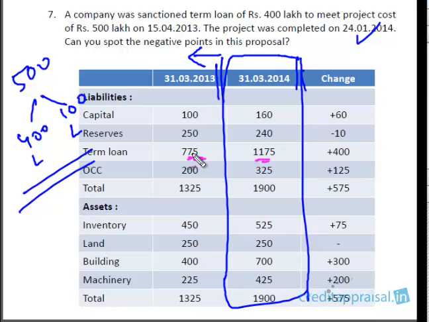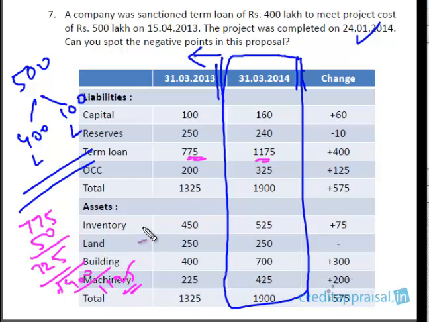So it will be reduced, say to 700 or 600. But you know the repayment structure of this company, so you can adjust that. For example, if the repayment is say 50 lakhs during this 1 year, then 775 minus 50 gives 725, right? To that you add the 400 and get 1125.